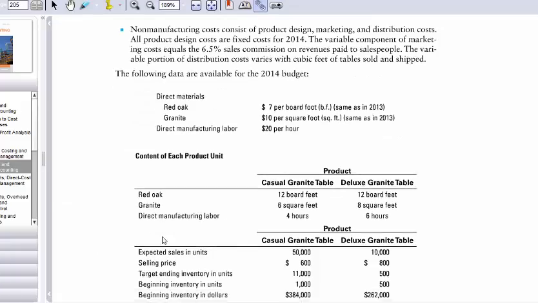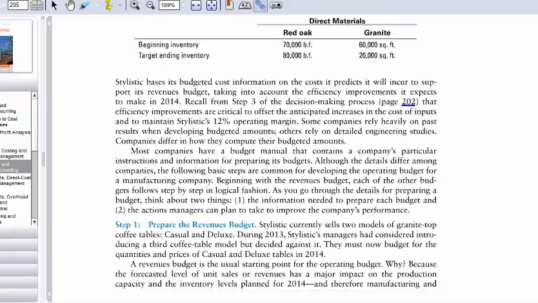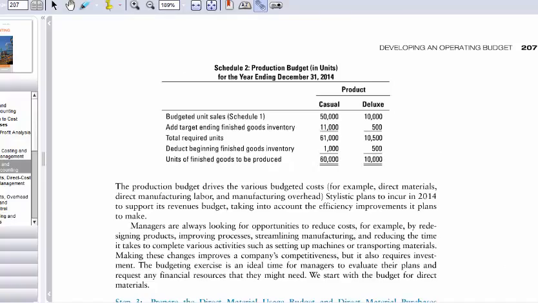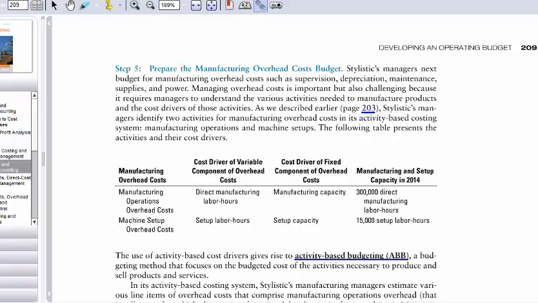All right, so let's go and find our manufacturing overhead here. And I believe it is on one of our other pages. All right, here's our manufacturing overhead related information. We've got some overhead cost. We've got manufacturing operations. They have their particular cost. And then we have machine setup.